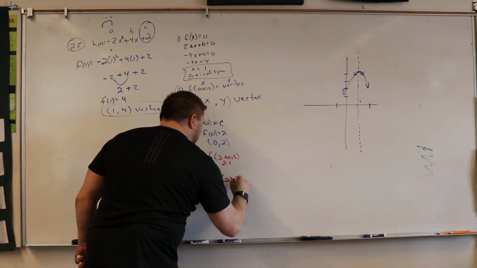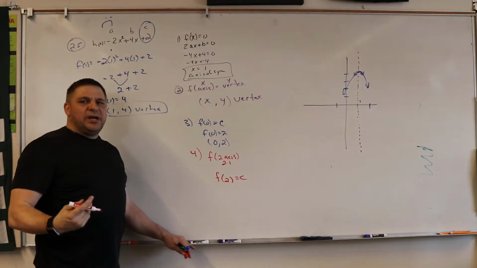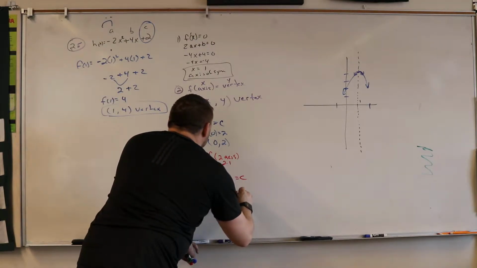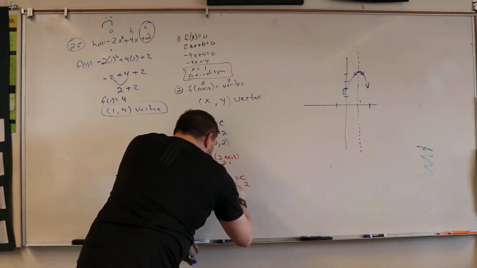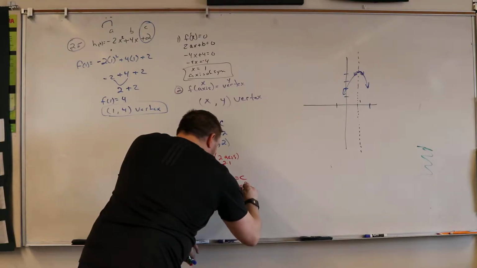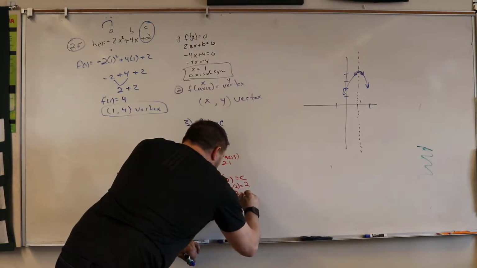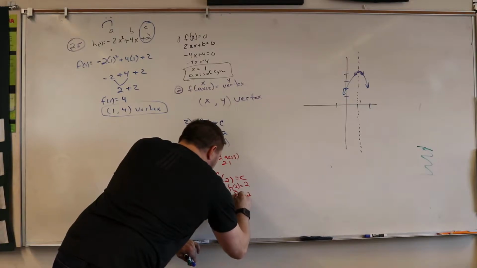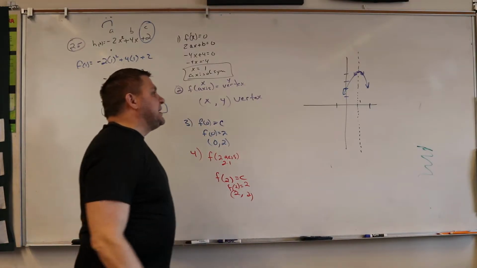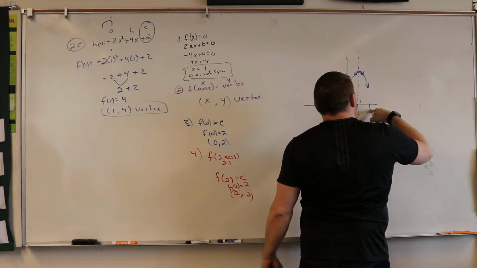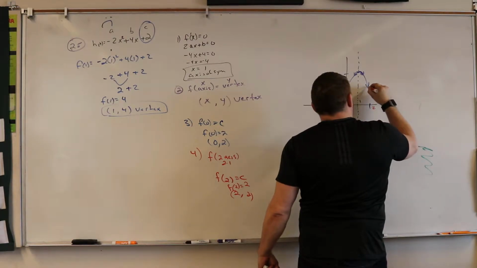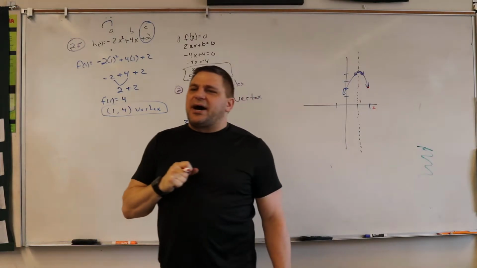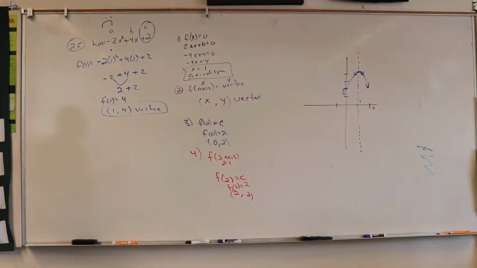So what's f of 2? It's c, and c is 2. So f of 2 is 2, and we have a red dot at 2, 2. But we've got to prove it.